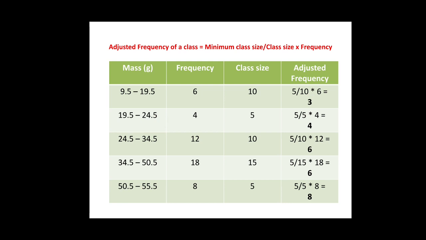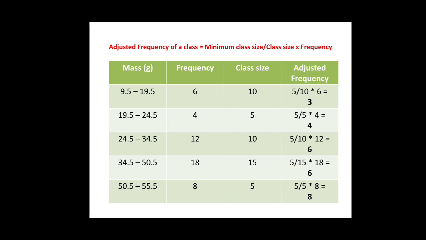Students, for the first row, which is the 9.5 to 19.5 class interval, the adjusted frequency is minimum class size, which is 5, divided by the class size of the concerned class, which is 10, multiplied by the frequency of the concerned class, which is 6.